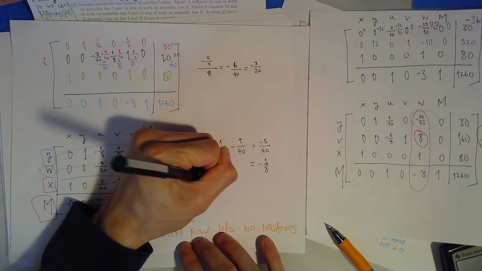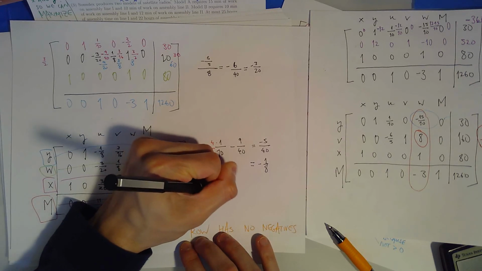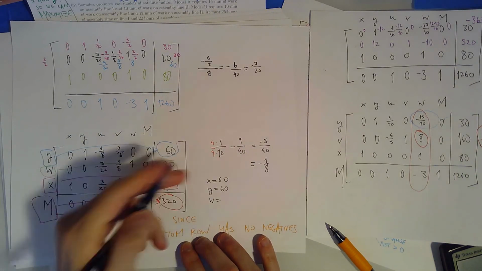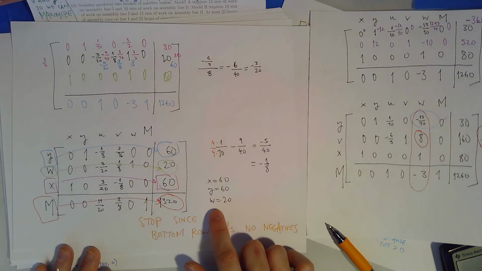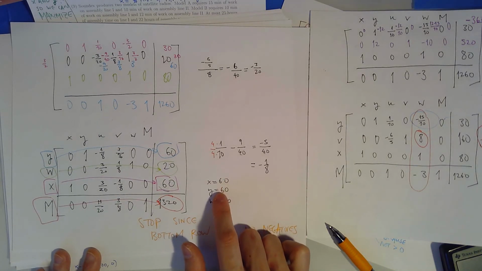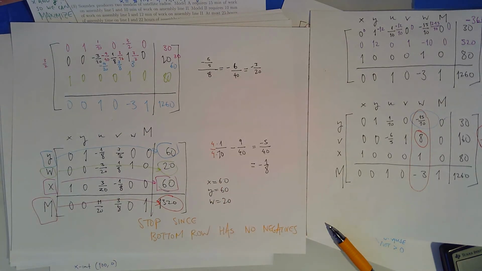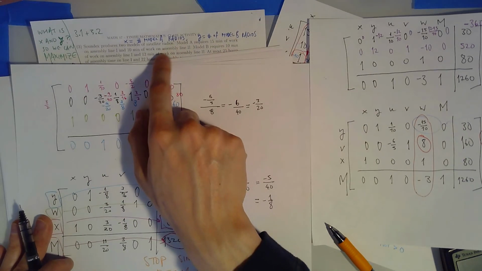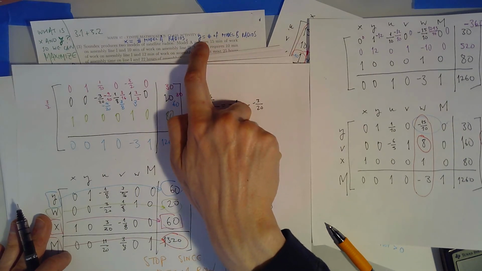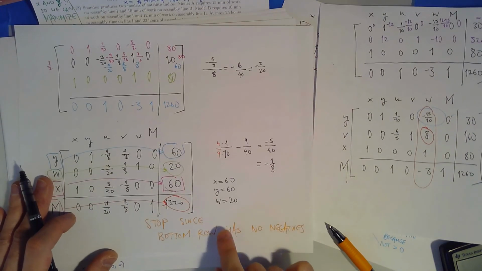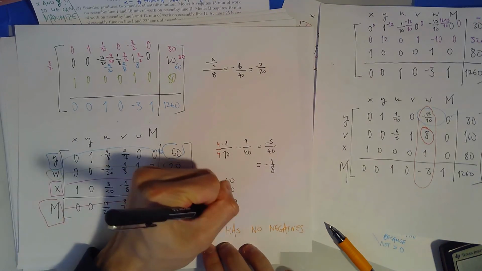So x equals 60, y equals 60, and w equals 20. W is not that important to us. The x and the y are important because that was our original question. We want to find how many model A radios and model B radios, x and y, to maximize profit, and this is the maximized profit.